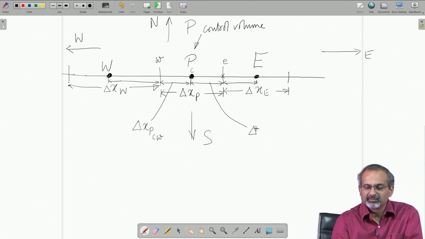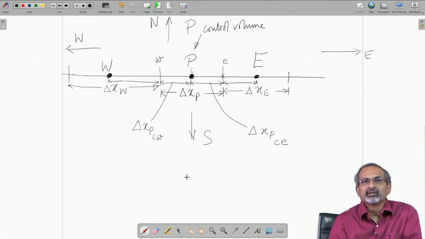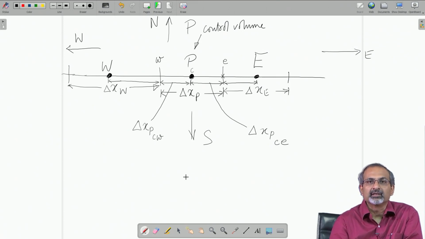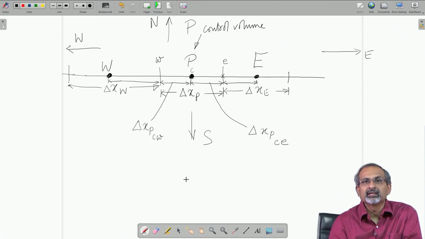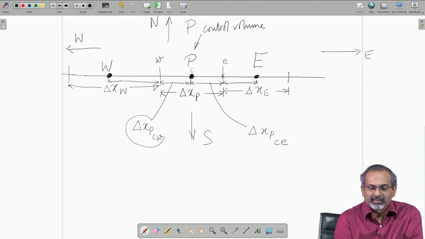Again, this distance may be marked as delta x P C e. You could have other ways of putting the nomenclature as well, but it is essential that you note these lengths.